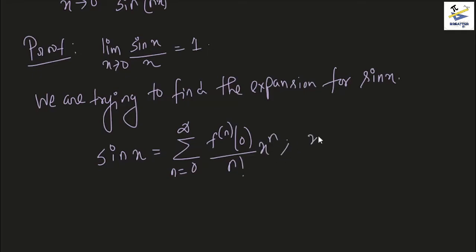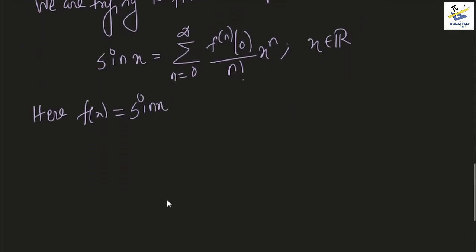In this case x belongs to R because the sin x is defined and convergent for all values of x. So here f(x) is obviously sin x, and we will try to find the different derivatives of this. So let us start with the first one. f(0) is 0, right?